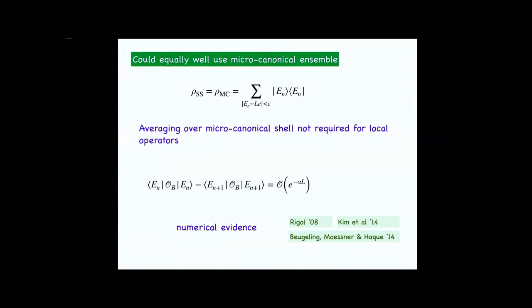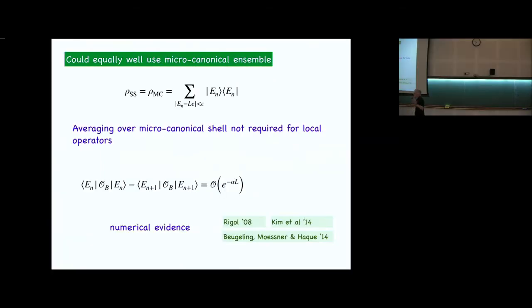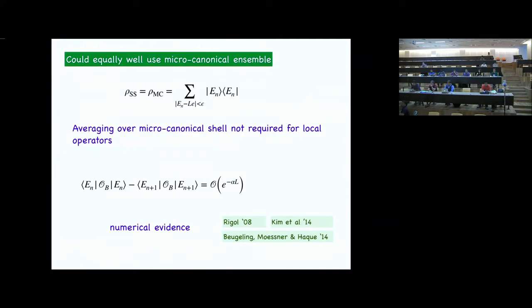And the difficulty in proving these assumptions in a mathematically rigorous way is the same. It's very, very difficult to do because you have to be general. We'll come back to the diagonal ensemble and things like that in a few minutes, and we can come back to that question then if you like.